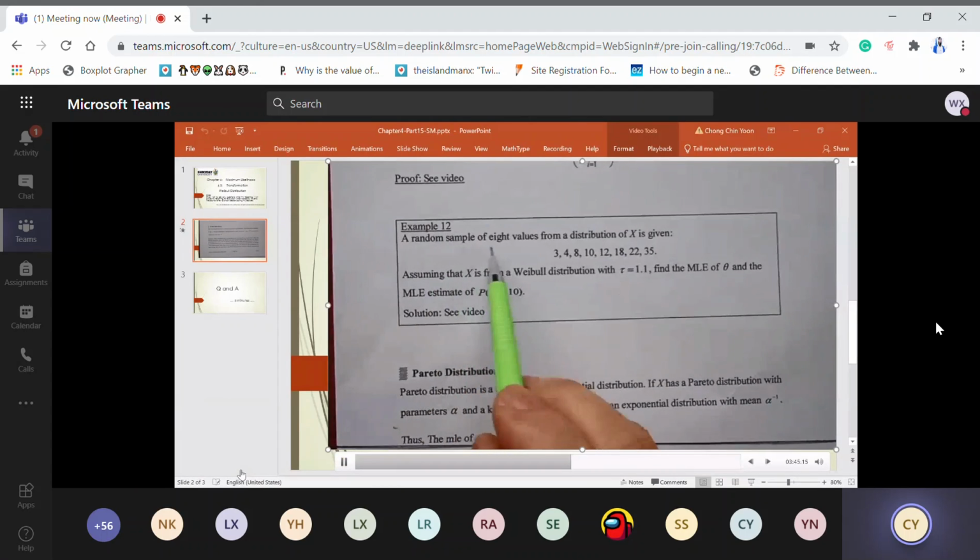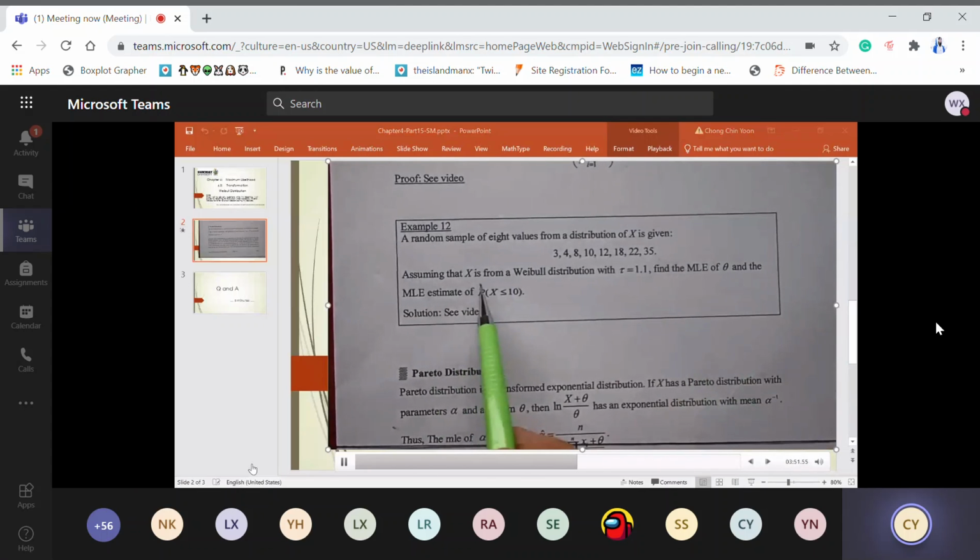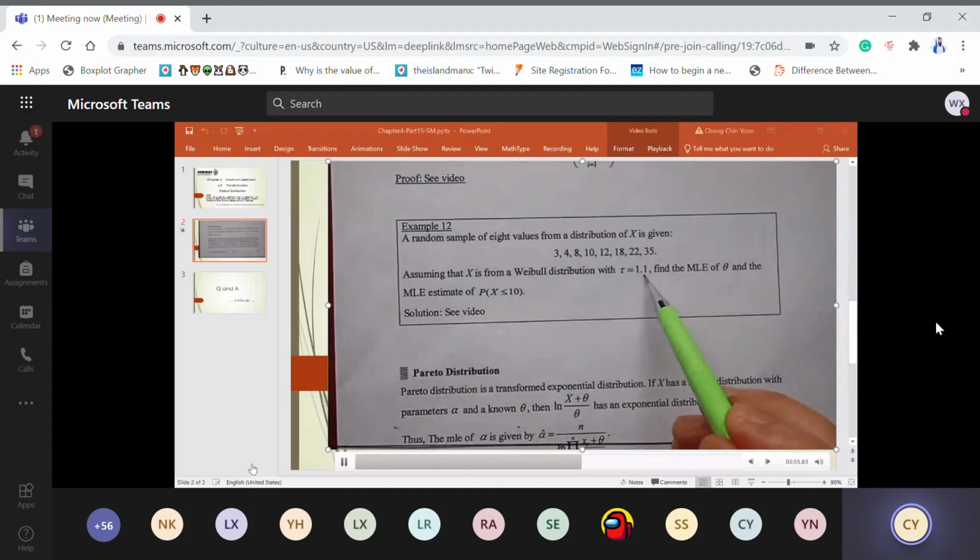A random sample of 8 values from a distribution x is given as follows. Assuming that x is from a Weibull distribution with the parameter tau equal to 1.1, find the MLE of theta and the MLE estimate of the probability when x is less than or equal to 10.